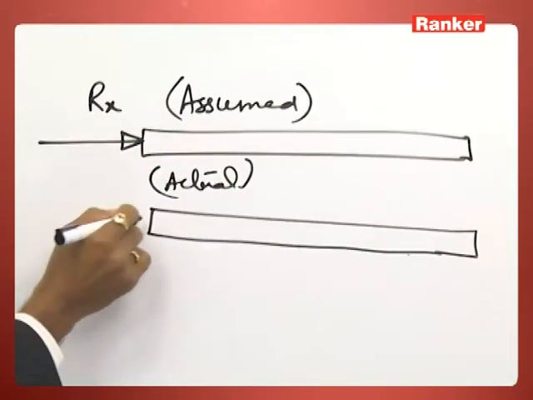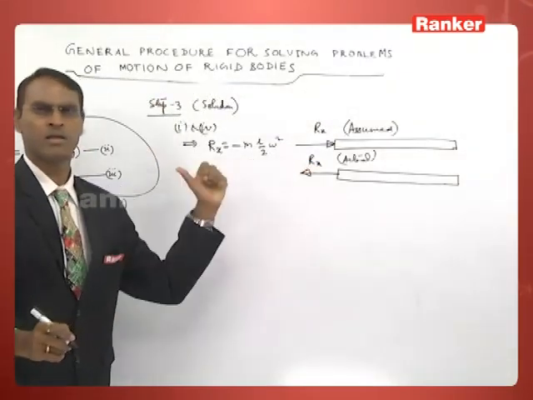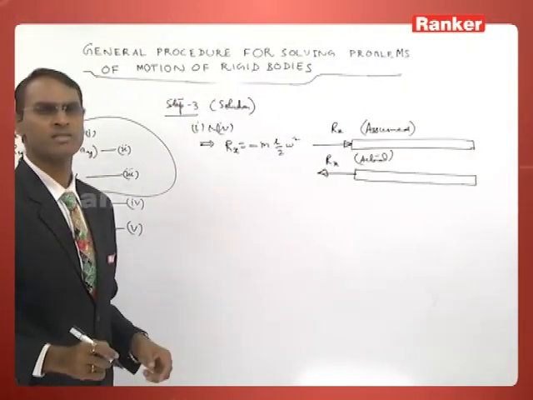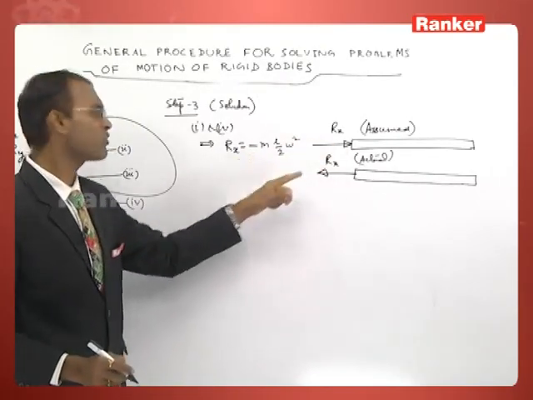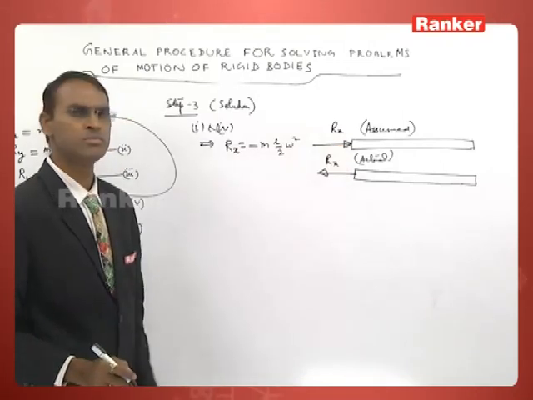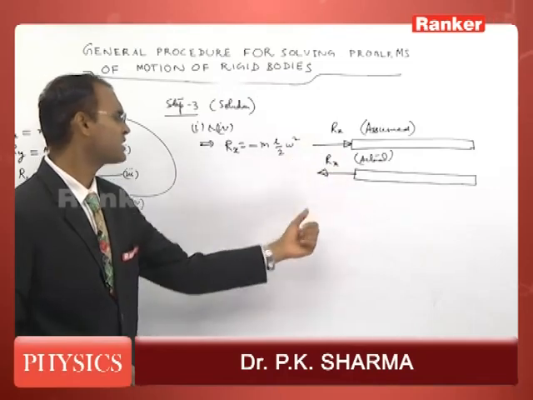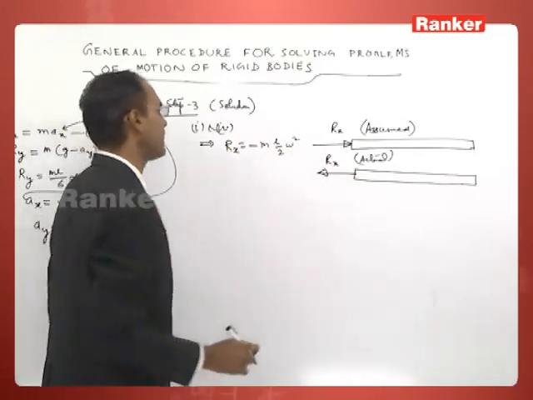Actually, the direction of Rx is towards the negative x direction. We have assumed it in this direction and we got a negative answer. Therefore, we have to alter the direction of Rx as we assumed. By altering the assumed direction, we get the direction in the leftward direction.